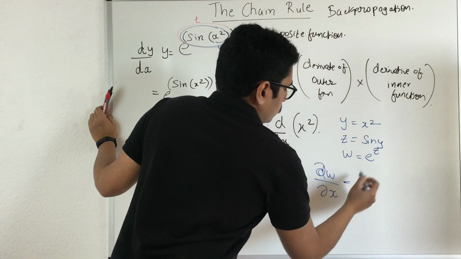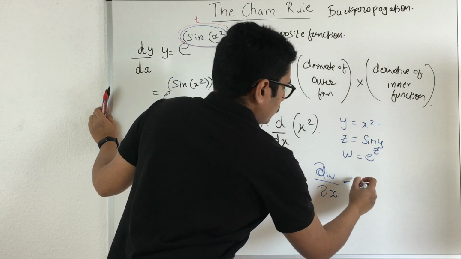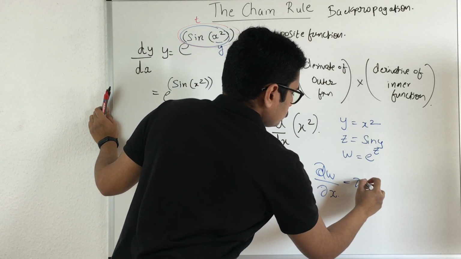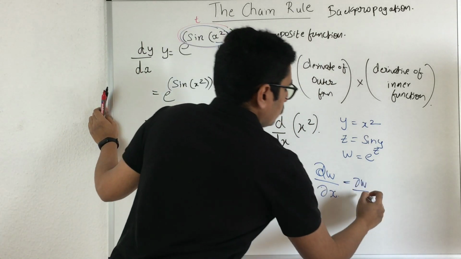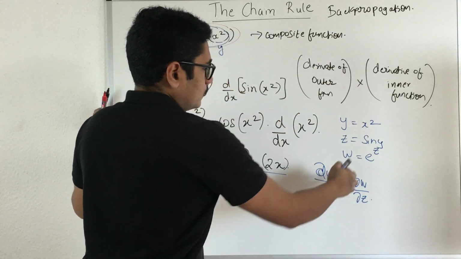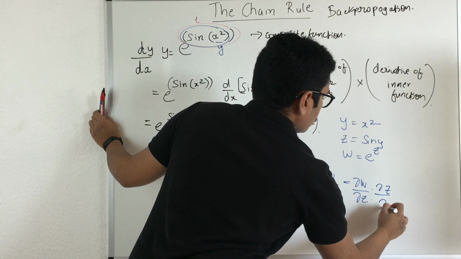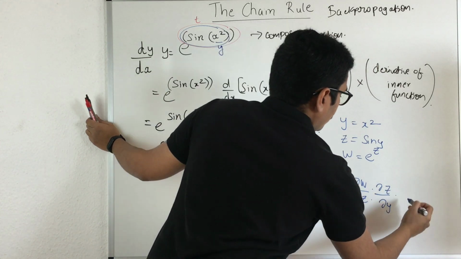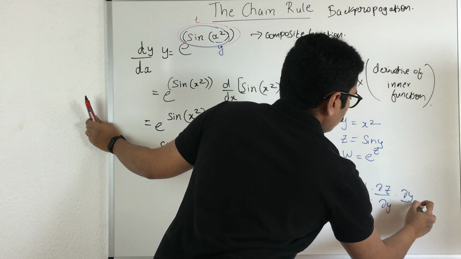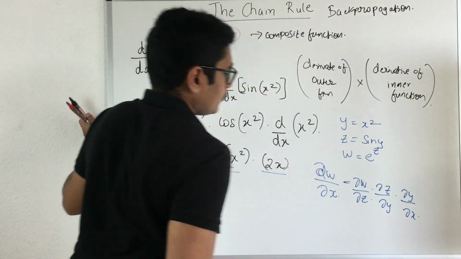So essentially when you take the derivative, first it will be dou w by dou z, that is with respect to z. Then you have dou z by dou y, and then you finally have dou y by dou x.